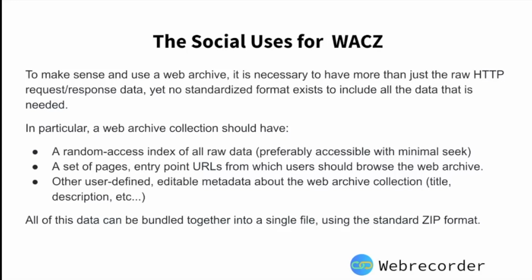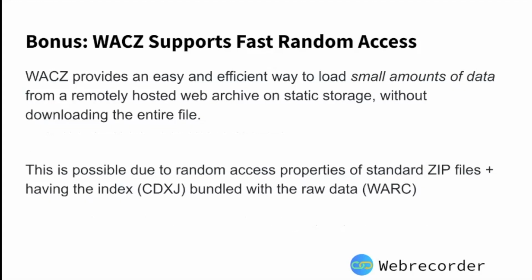You need all of these things to have a really solid web archive that's easily usable. So our goal is to provide all of that in a single file format so that you can just spin one of these up really quickly and have a user looking through this self-determined web archive.